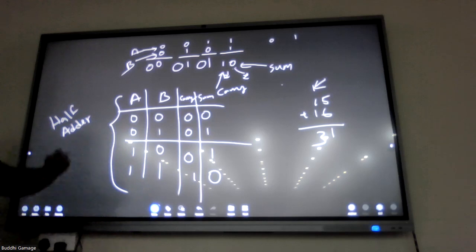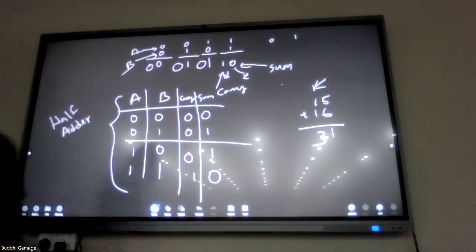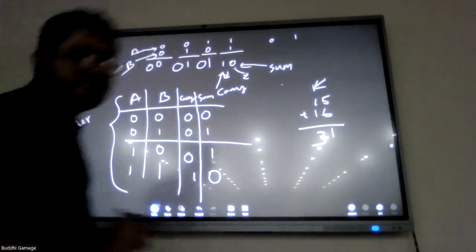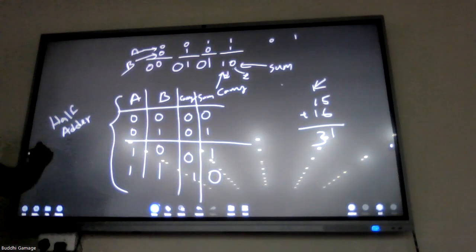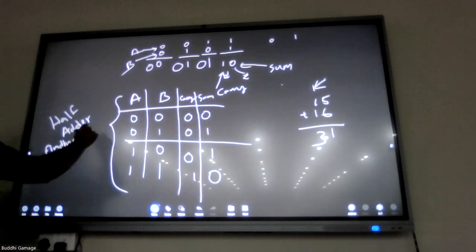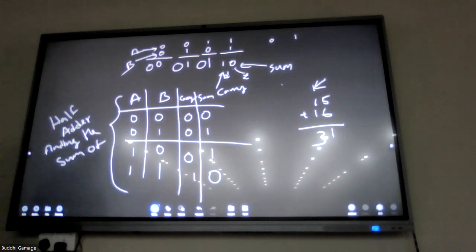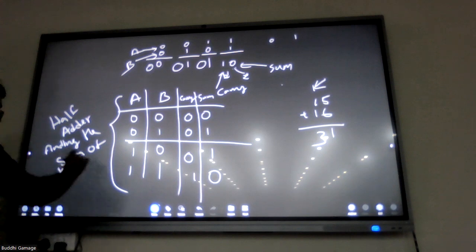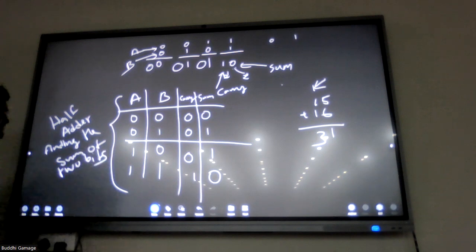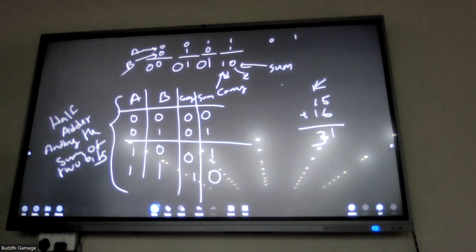So half adder is only for finding the sum of two bits.